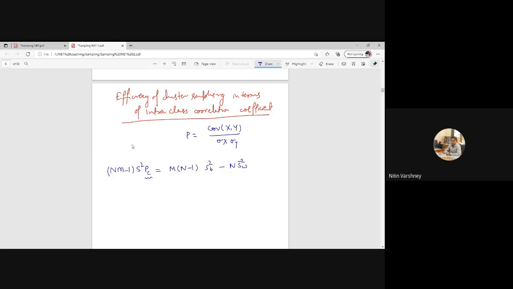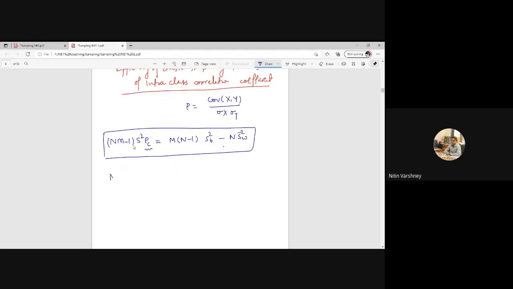So again, to remember, you just change this. If you want to remember it in comparison with the earlier relation, Nm minus 1 S square is equal to N into m minus 1 S bar w square plus m n minus 1 S square b.